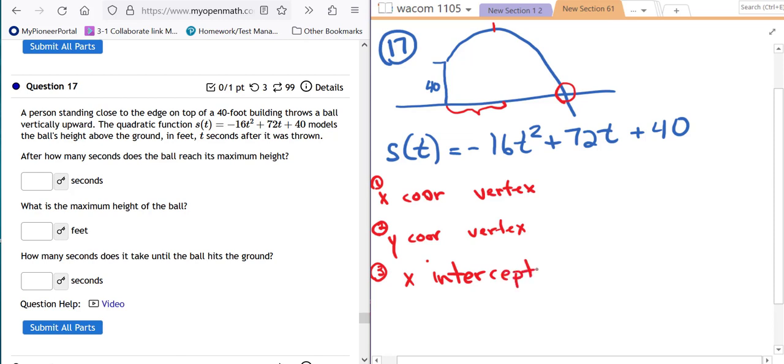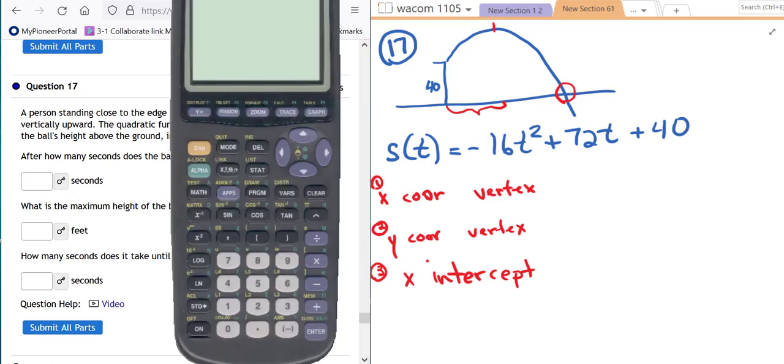And your y-intercept, it doesn't ask it, but it is actually here the 40, because that's where they're throwing the ball from. They're 40 feet up from the top of that building. So that is your y-intercept on your graph, but they don't ask that. So we're going to go to the calculator to help us find these, and we'll probably have to play with the window.